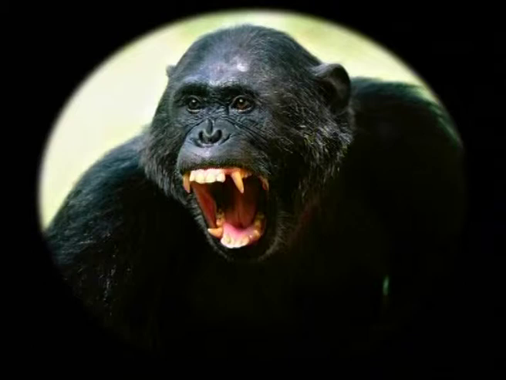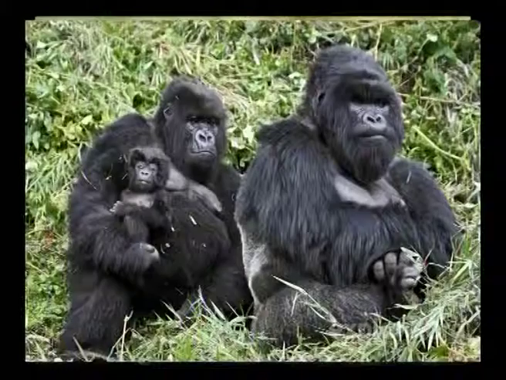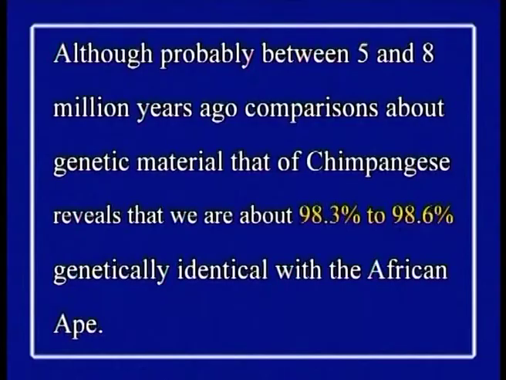We last shared a common ancestor with our closest living primate relatives, which are the African apes, chimpanzees and gorillas, who lived probably between 5 and 8 million years ago.